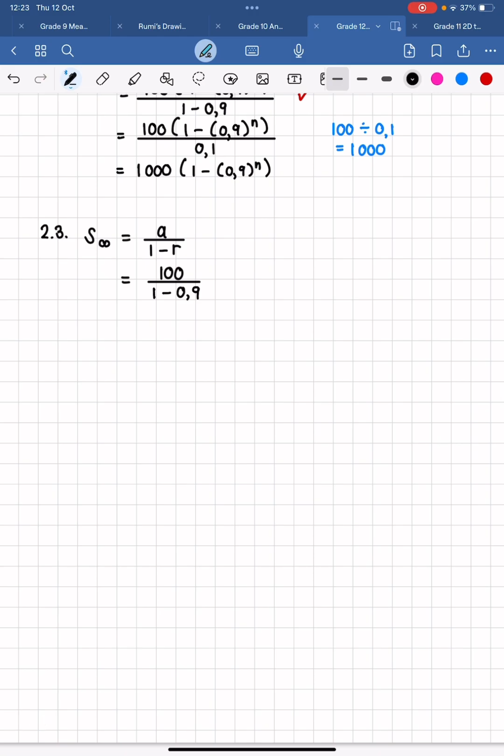So again, 1 minus 0,9 is 0,1. And again, 100 divided by 0,1 is 1,000. All right, that's it. So it was 1 mark for substituting into the formula, and again, a mark for the answer.